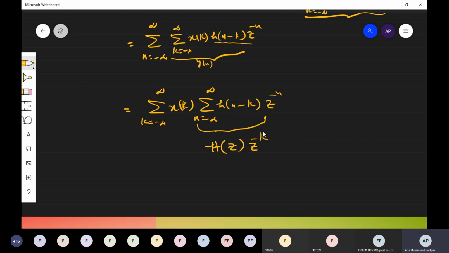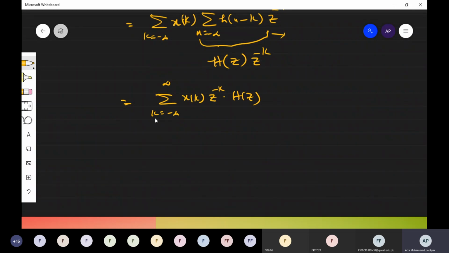Right, this is the z transform shifting property. If you don't remember, you can go to the initial minutes of this video, where this property is proved. So our summation is reduced to summation k from minus infinity to infinity x of k z power minus k times H of z, right?